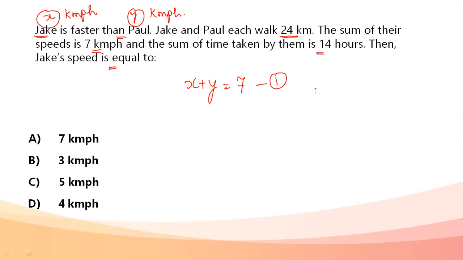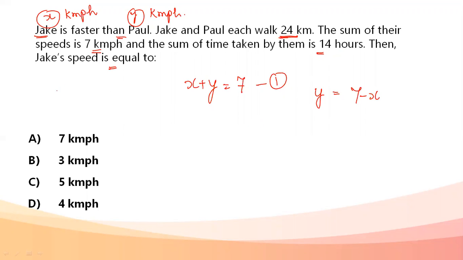From here I am going to write y, the speed of Paul, as 7 minus x. Now I know each one of them is walking 24 kilometers, and the time taken by them together, if I add it, becomes 14 hours.